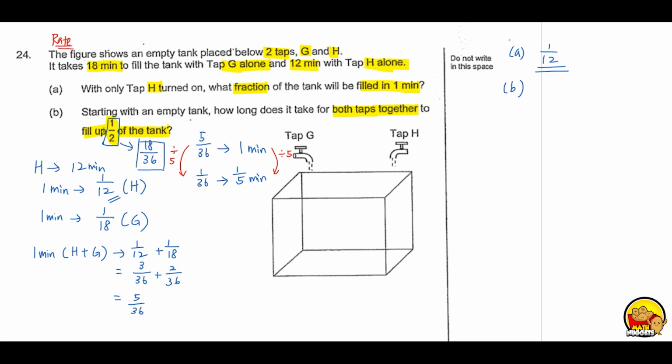So from this point, from 1 out of 36, we're trying to find half the tank, which is 18 out of 36. So what we need to do, multiply by 18 on the left, and do the same, multiply by 18 on the right, which will be 1 out of 5 times 18 out of 1, which gives us 18 out of 5, which is 3 and 3/5.